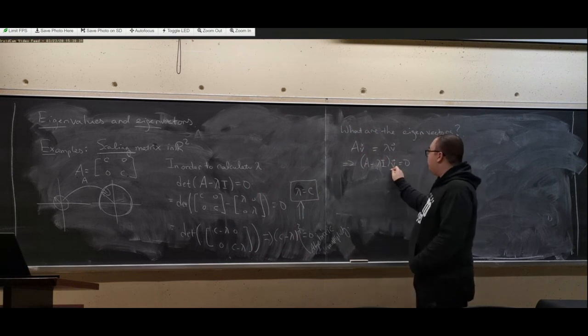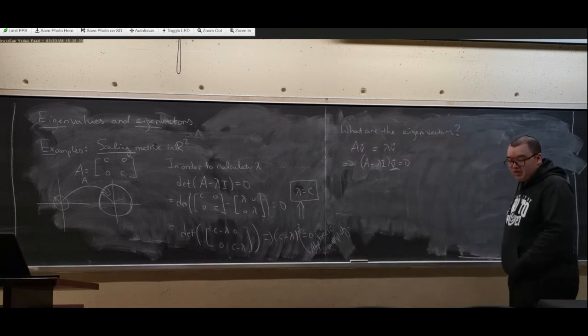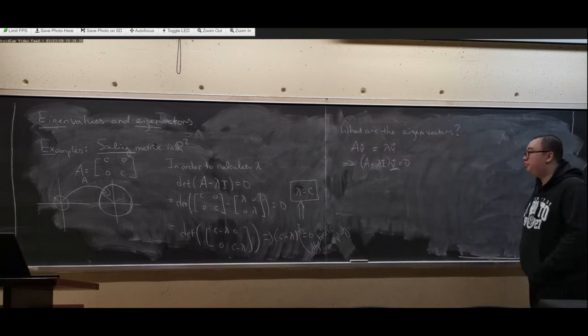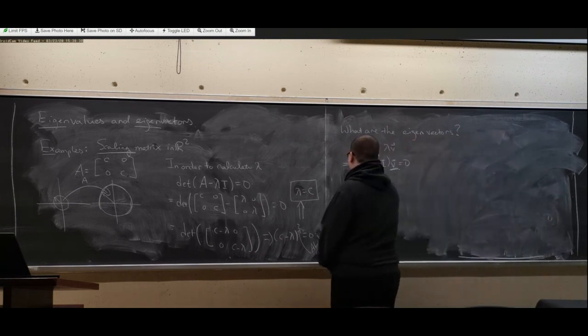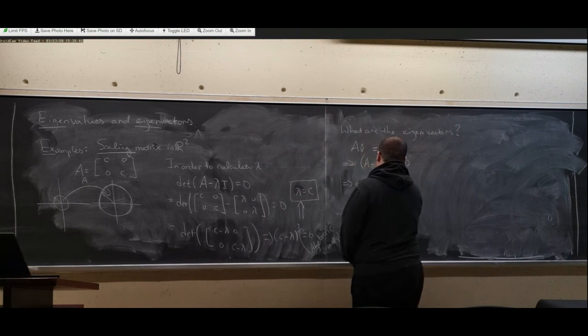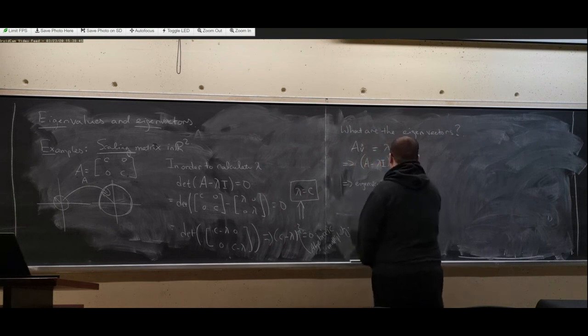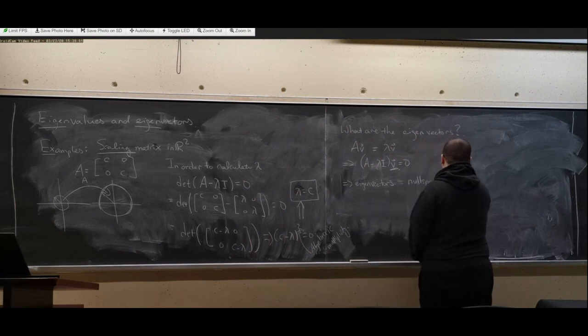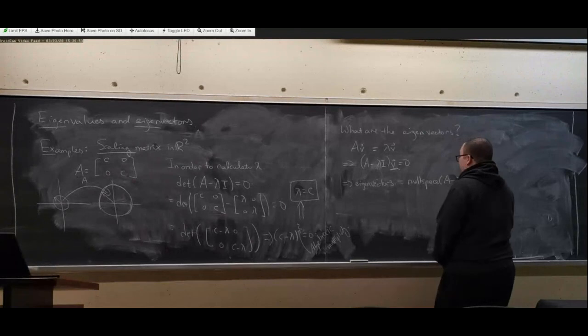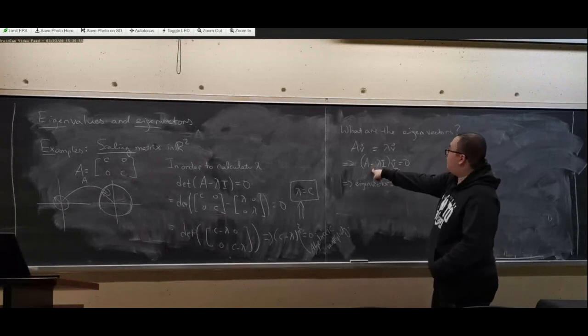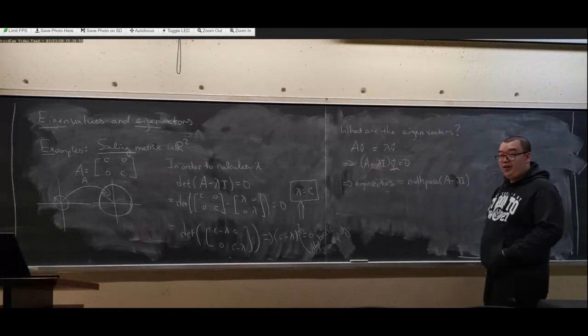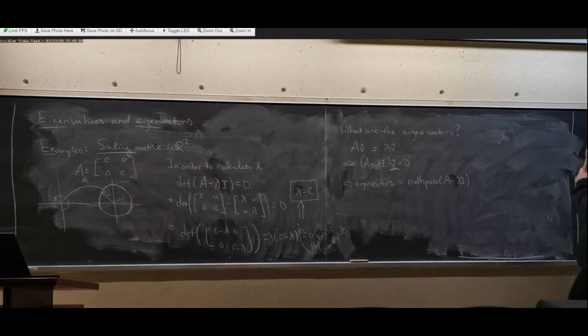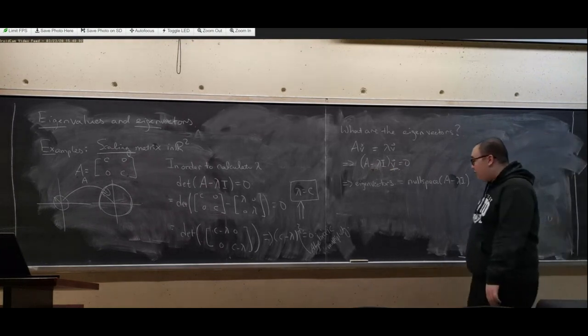We're looking for all of the v's that satisfy this equation. So the eigenvectors just equal the null space of A minus lambda I. All of the vectors that, when you multiply by this matrix, give you 0. That's the definition of a null space. So let's see what the null space is.